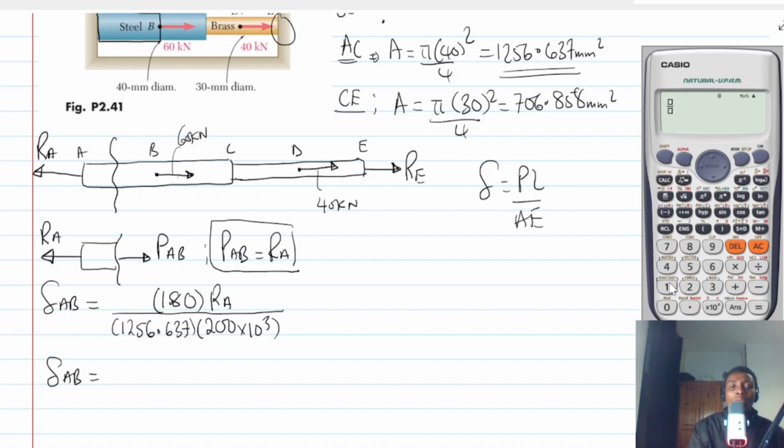So it will be 180 divided by 1256.637 multiplied by 200 times 10 to the power 3. So we have 7.162 times 10 to the power minus 7 in terms of millimeters. All right, so that is what we have.